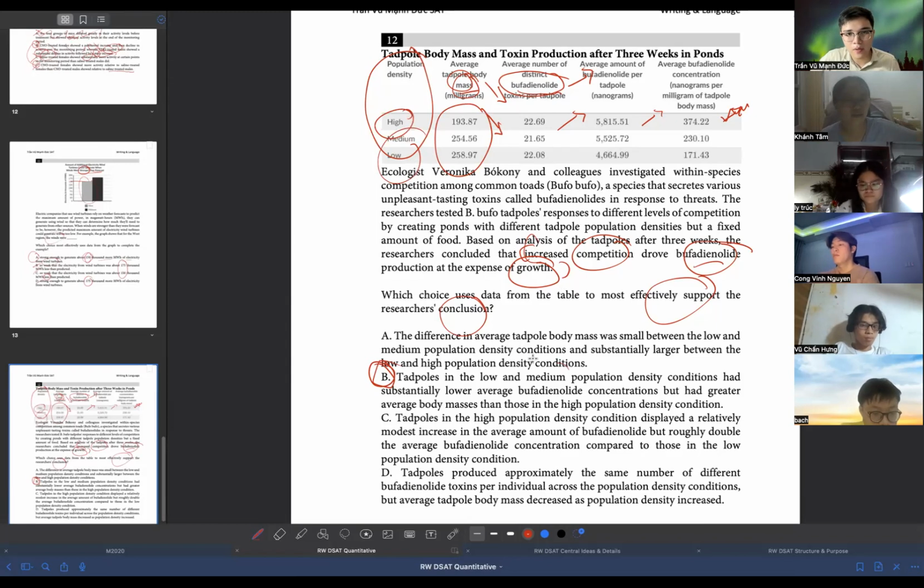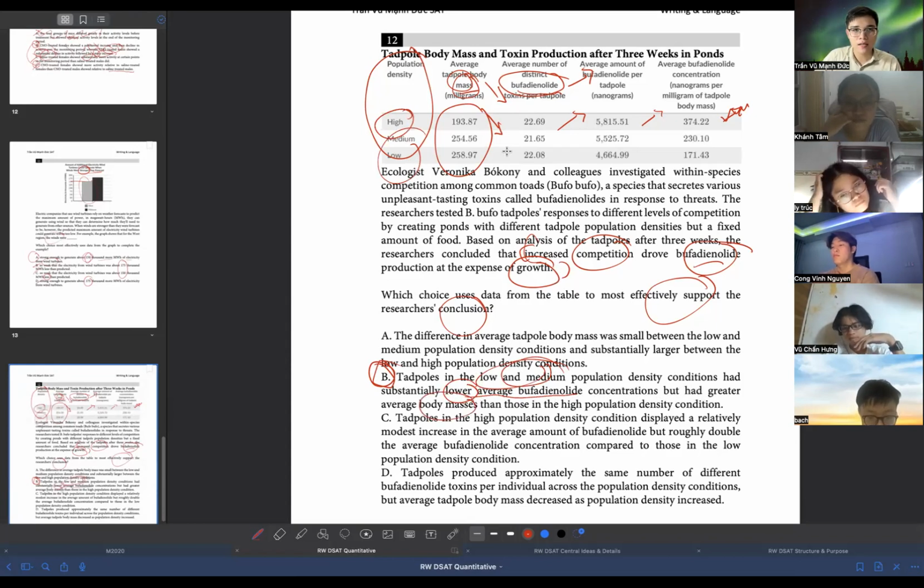B, let's say, the lower medium population has substantially lower average. This one is a great indication because lower medium has to have a lower bufadienolide, the B concentration, but had a greater average body mass, right? Greater body mass means that they prioritize growth rather than the production of the toxin, bufadienolide.